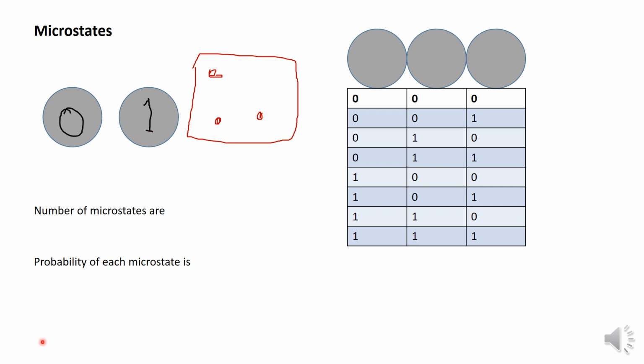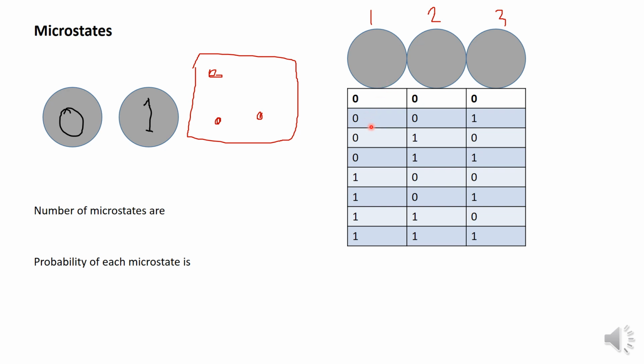So the possible states of the system are 0 and 1 for each particle. Here this is particle 1, this is particle 2, this is particle 3. A possible state is that all particles have velocity 0, 0, 0.